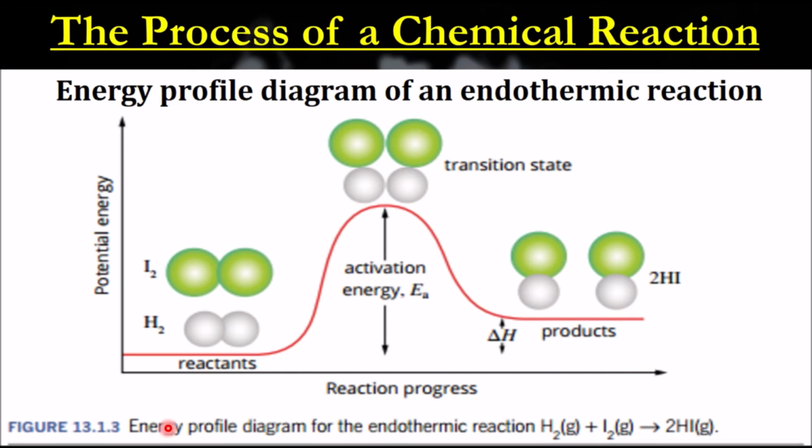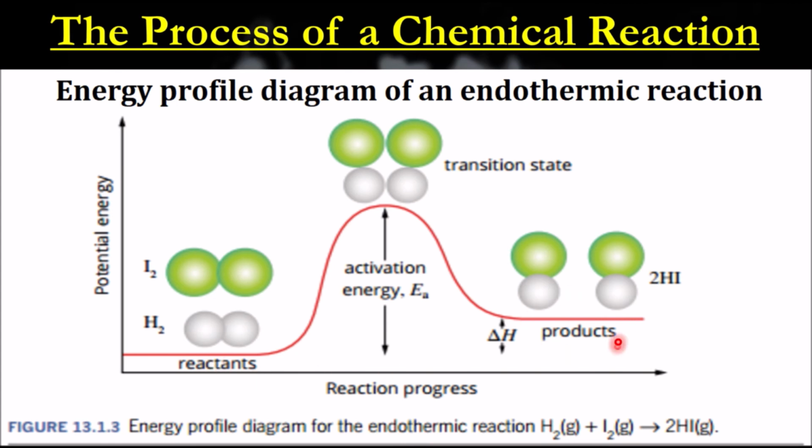The last thing we need to talk about is how do we know if a chemical reaction will occur? And this comes down to the concept of an energy profile diagram, this one here. We already said activation energy is the minimum amount that's required to cause a chemical reaction to occur. If we don't have enough, we won't have a chemical reaction occurring. This example here is an endothermic reaction. How do I know?